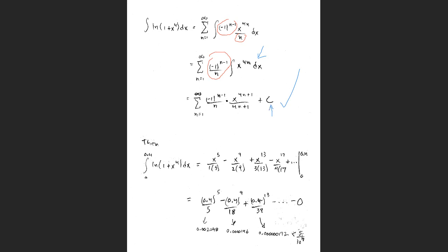So now we have our power series for the integral of the log of 1 plus x to the fourth dx, equal to this power series. And of course, x is between 1 and -1.